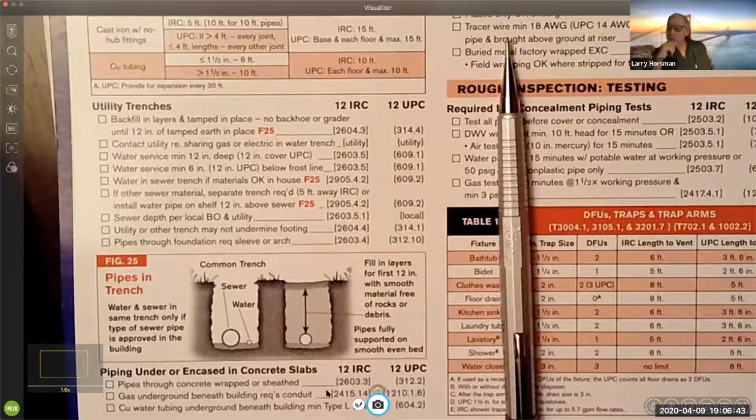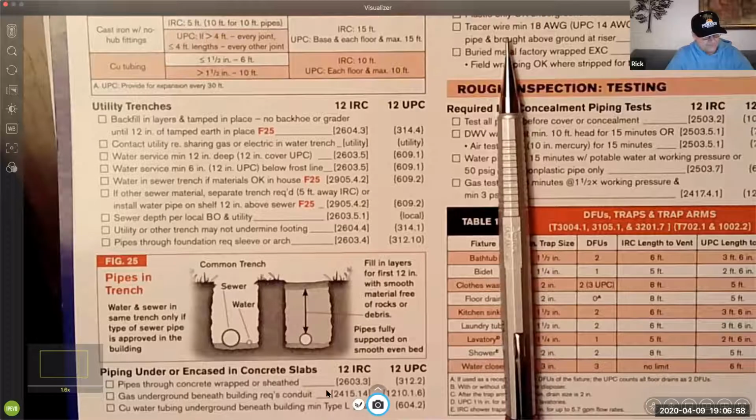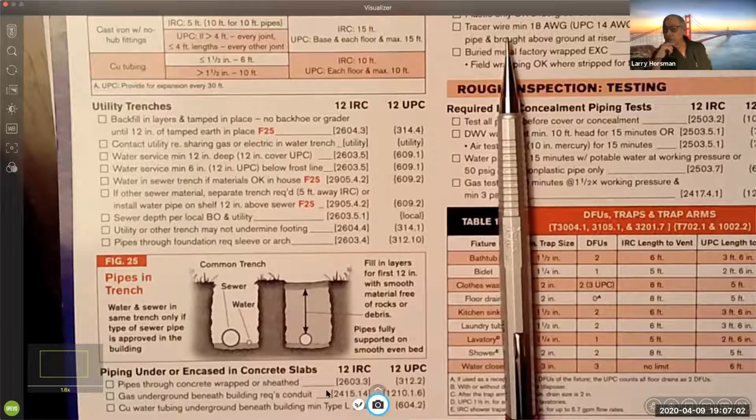Yeah, so at the bottom of that trench, what you can see is that the pipe is supposed to be continuously supported, usually with some sort of sand bedding. There are requirements for the backfill: fill in layers for the first 12 inches with a smooth or granular material free of rocks or debris, and then that should be compacted.